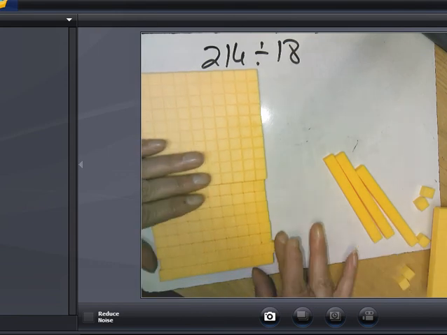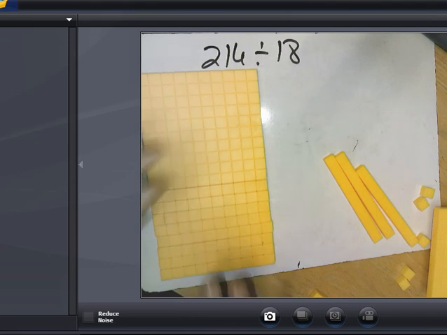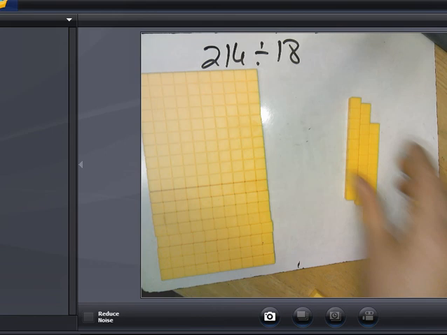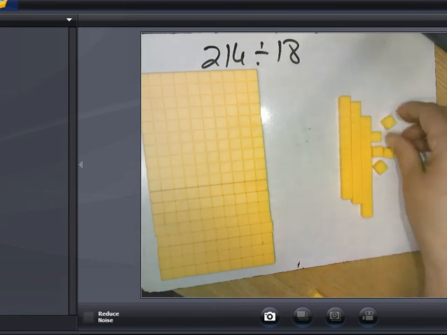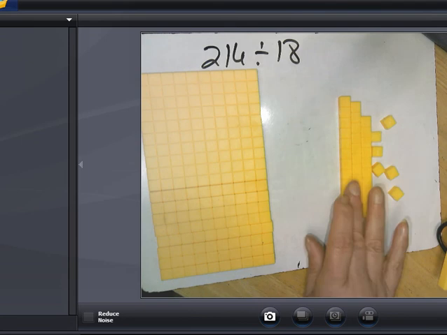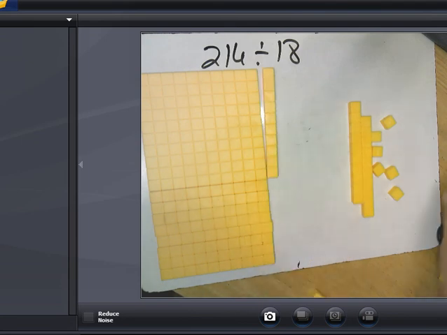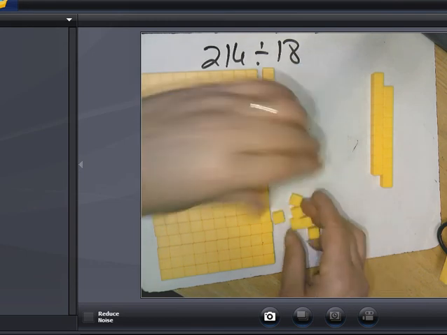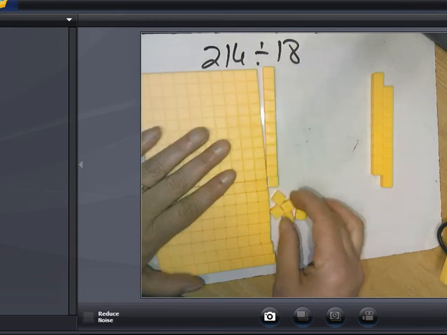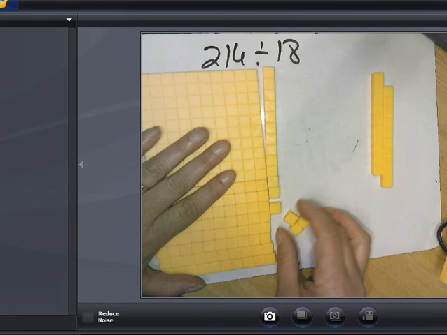Now I want to make 18 more equal blocks. So how many extra do I have? Still my 6 extra, so I don't lose those. So I'm going to put a whole one here, and do I have enough to line these up? Nope.